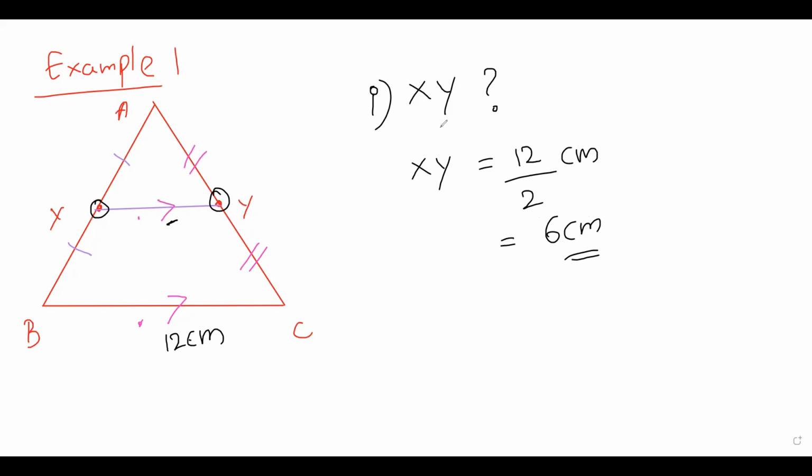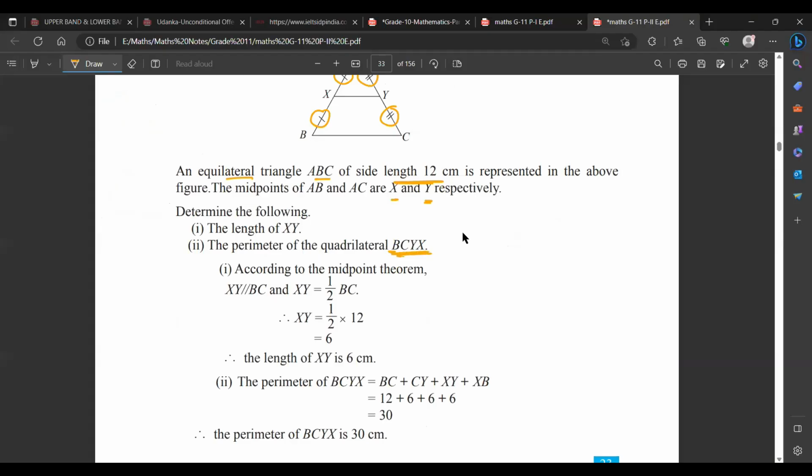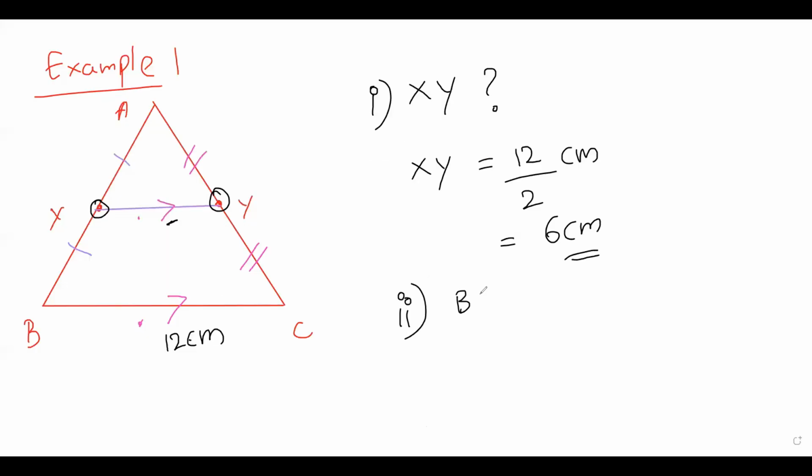Understood? Next, what is the second question? The perimeter of BCYX. This triangle is equilateral, so this side is also 12.